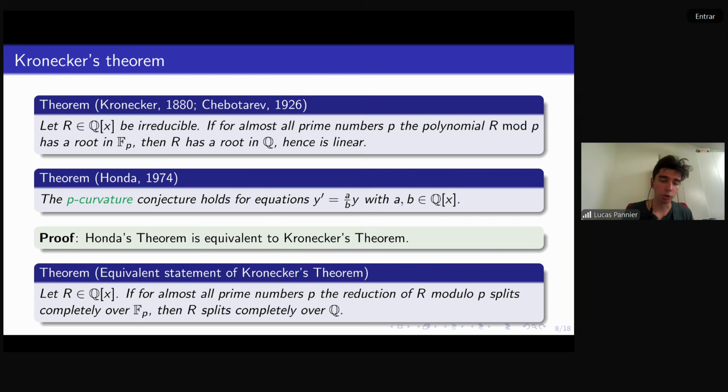And if we come back to what we said on the last slide, we can take R to be a polynomial annihilating the residues of the rational fraction A over B. And Kronecker's theorem will apply to prove Honda's theorem.